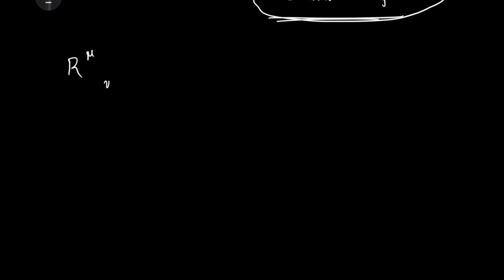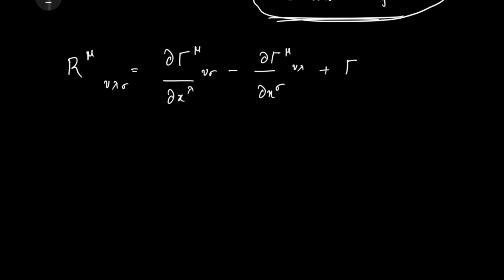R mu nu lambda sigma is equal to partial derivative of Christoffel symbol mu nu sigma with respect to x lambda minus partial derivative of Christoffel symbol mu nu lambda with respect to x sigma plus Christoffel symbol rho nu sigma, mu rho lambda, minus rho nu lambda Christoffel symbol mu rho sigma.